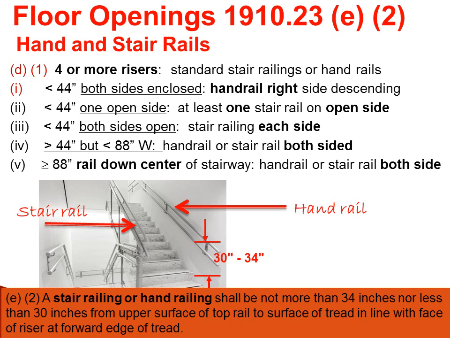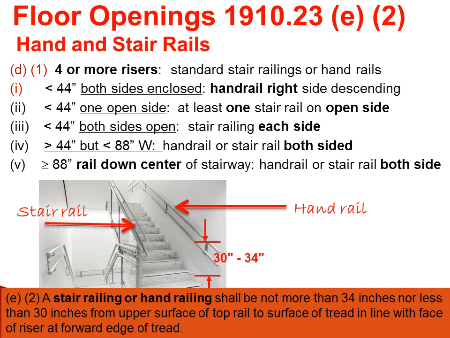Floor openings on stairs. A handrail is on the wall side of a stair, where a stair rail is on the open side of a stair. And there are some requirements based on whether both sides are open on a stairway or one side is open on a stairway. So if both sides are enclosed, you need a handrail on the right side or the descending side.